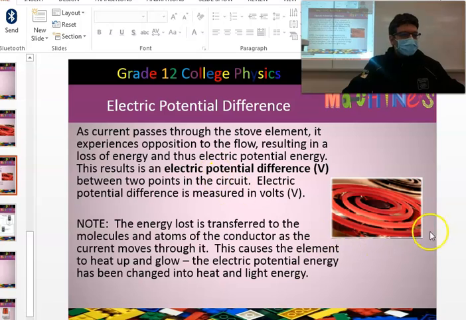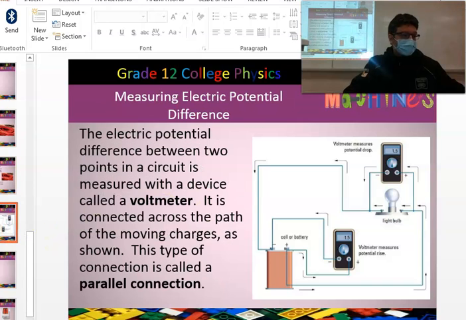As it goes through an object, like a load, in this case an element, but in any load, anything that has resistance, it'll lose some of that energy. The comparison of how much energy it lost is your electric potential difference, and we measure that in volts. And as we went over before, voltmeters get attached to a circuit in parallel.